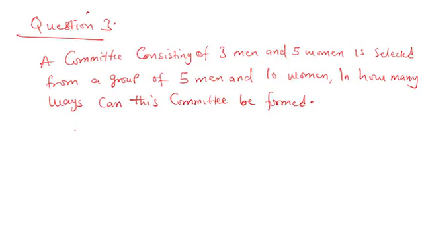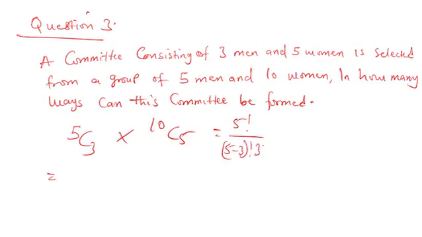So it's now 5 combination 3, that's we want to select 3 men from 5 men, times 10 combination 5, we want to select 5 women from 10 women. So 5 combination 3 is equal to 5 factorial over 5 minus 3 factorial, then 3 factorial, times 10 factorial over 10 minus 5 factorial, then we have 5 factorial.